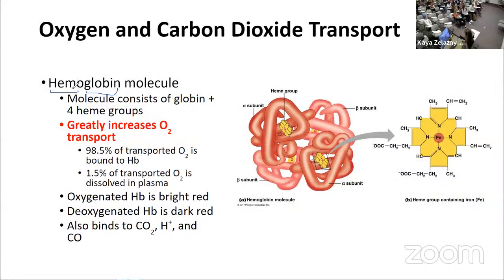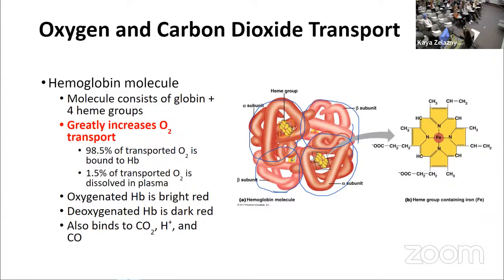When you see this root heme, think blood, okay? It's made up of 4 globin groups, like polypeptide chains that folded and folded and folded, 4 of them. And we have our 4 subunits coming together. And then the heme group is in the center of each. That's this little flower looking thing. Okay.